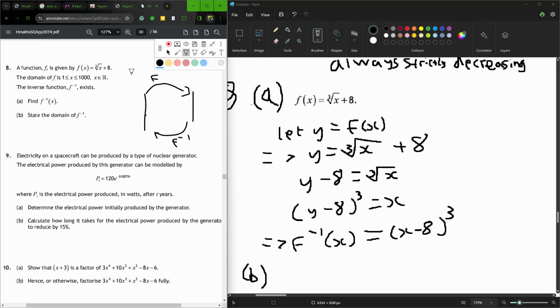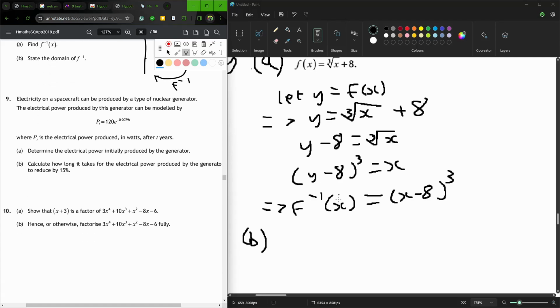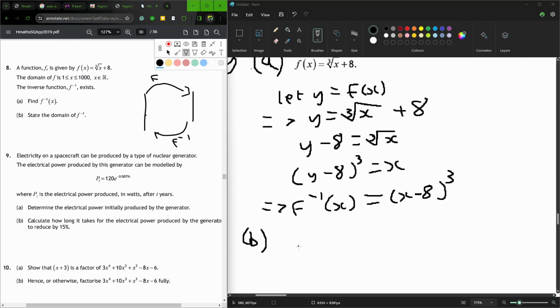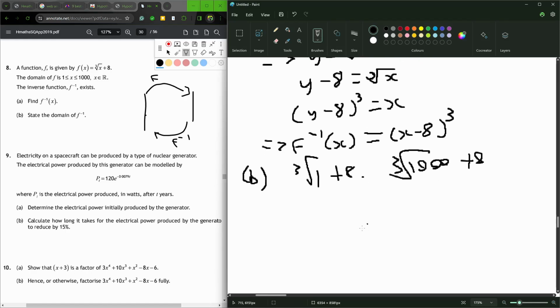This seems pretty obvious, but what this allows us to do is figure out the domain of things. You only go to undo things that have gone through the original function. So if you put the domain limits into the original function, so that would be the cube root of 1 plus 8, and then the cube root of 1000 plus 8, into this?